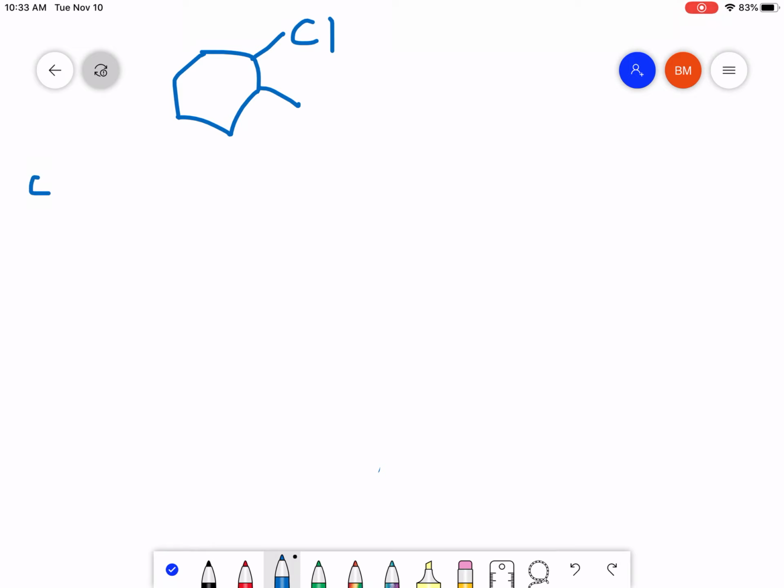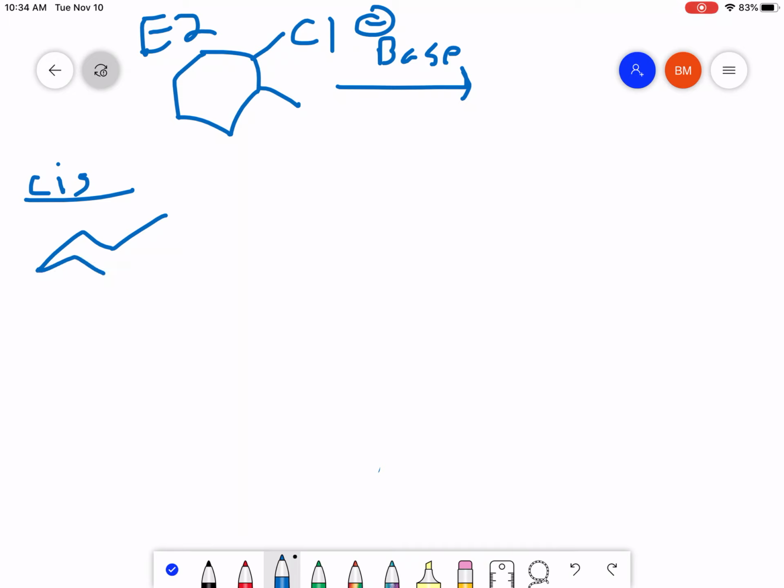So the first thing I would do, say we're doing an E2 reaction, is go ahead and draw the different chair conformers to see which ones are going to work, which ones are possible. So if we do this, there's our Cl and H on that carbon.